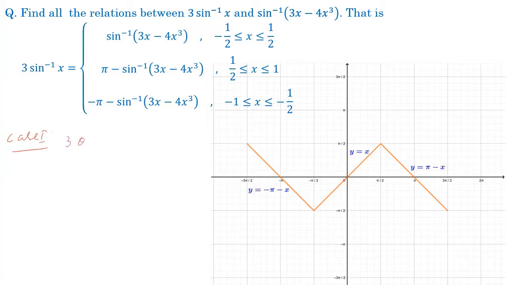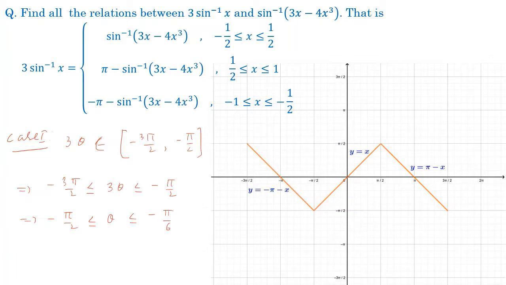So that means you can write in this way: minus 3 pi by 2 less than or equal to 3 theta less than or equal to minus pi by 2. So as done earlier, you divide by 3, so it will be minus pi by 2 less than or equal to theta less than or equal to minus pi by 6.